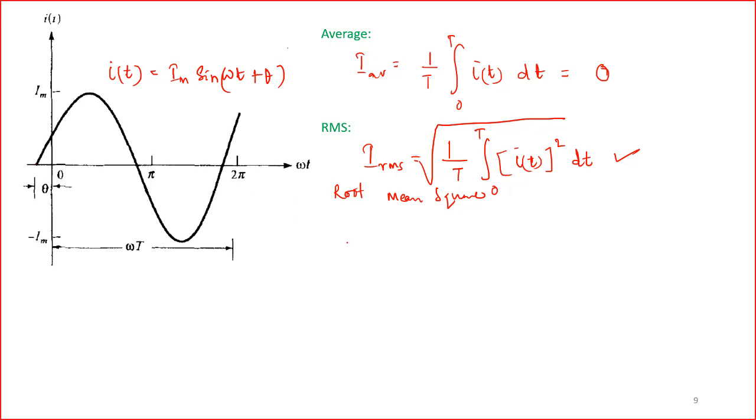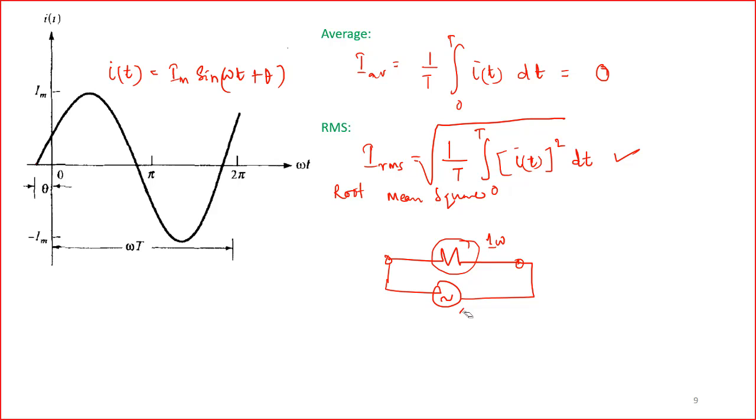Equivalent DC quantity means, suppose there is a resistance and I am connecting a DC source here, suppose 1 volt of DC source, and whatever amount of heat it produces in this resistance, suppose it produces 1 watt of heat.